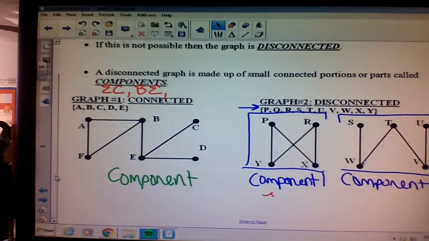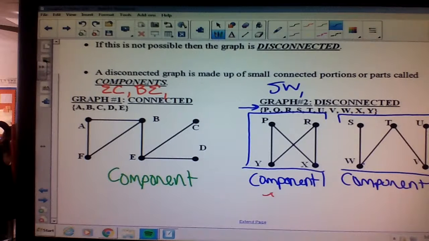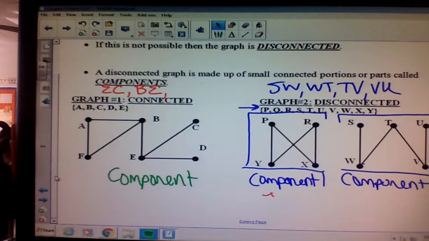There's 4 of them. Each one of these lines is a bridge: S to W, because it would put S by itself. W to T, because it would put SW by itself and TVU by itself. T to V, and V to U. Every last one of those is a bridge.